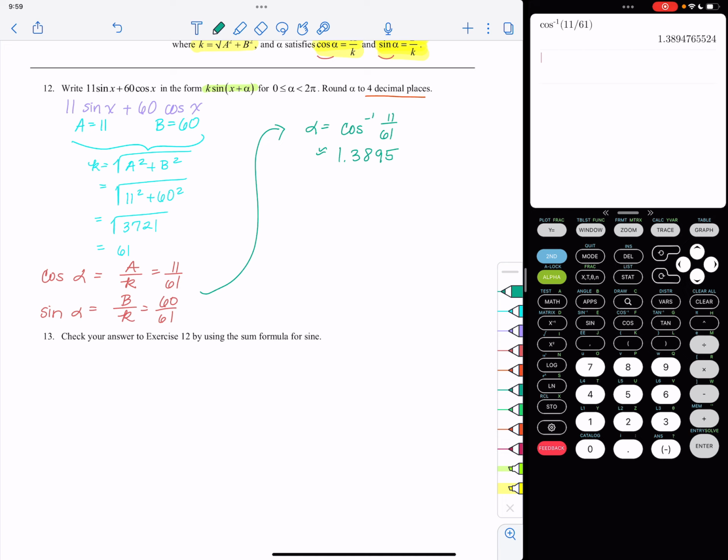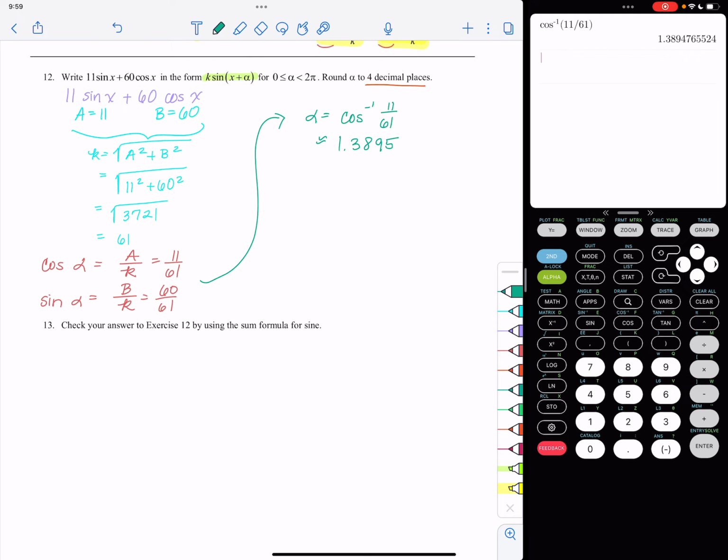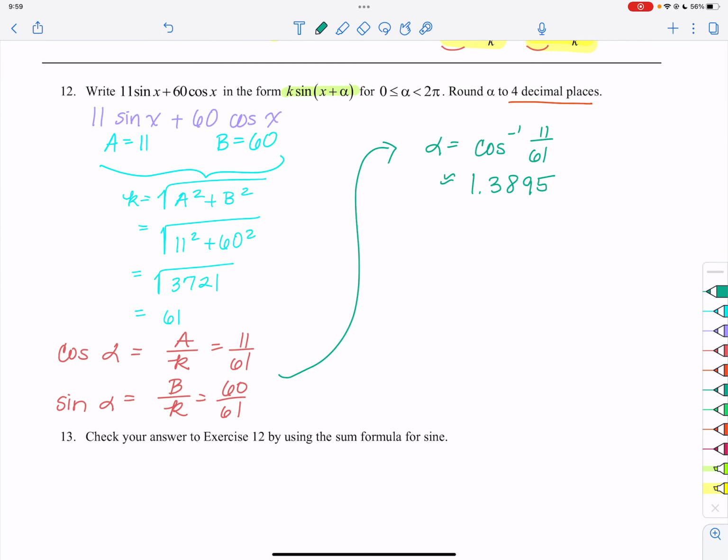Okay, so let's think about this. We are going to be in quadrant 1 because the cosine is positive.